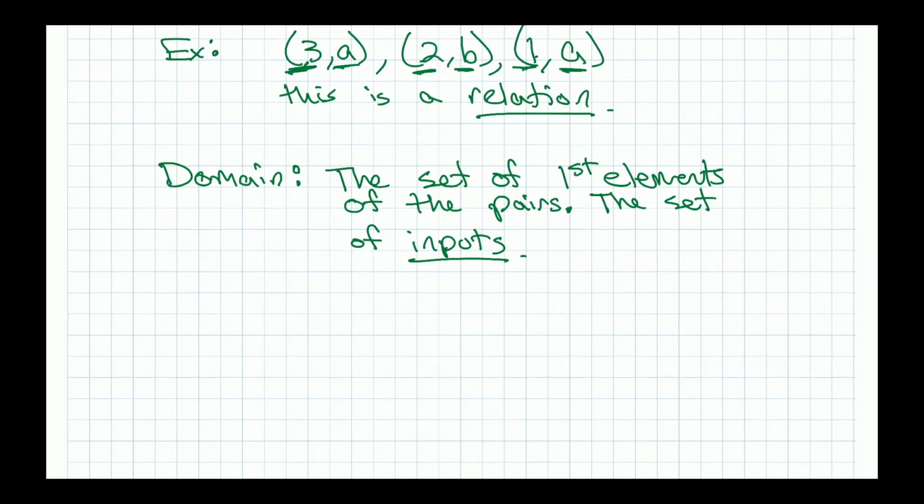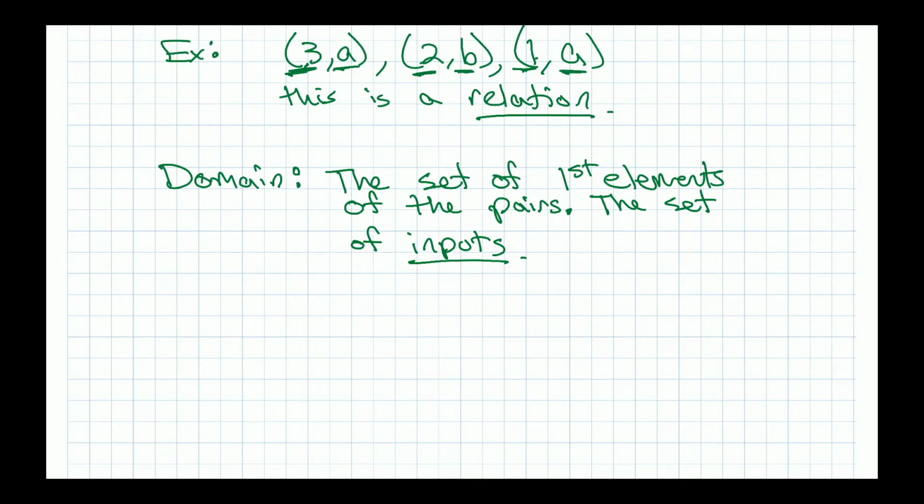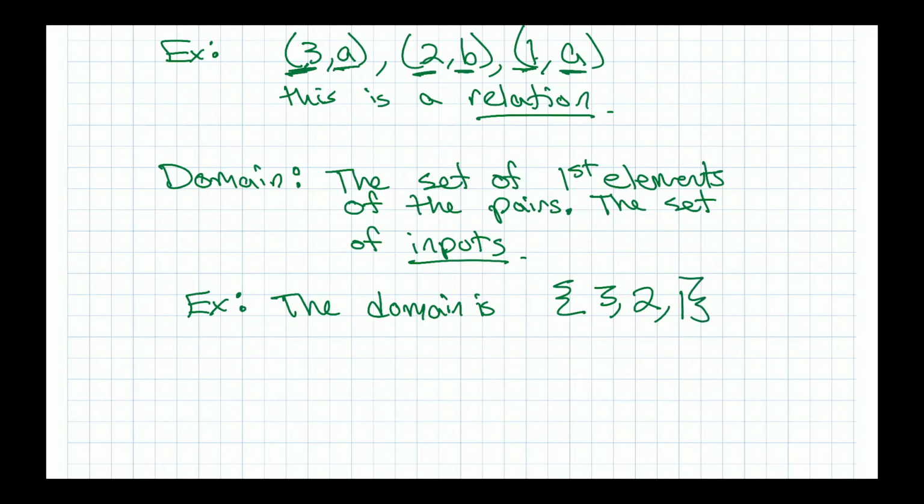If we look at the relation I defined above, the domain is the set of the inputs, but the inputs are the first elements of the pairs. So what are the first elements of the pairs? Well, there's a 3, there's a 2, and there's a 1. And that's the domain.